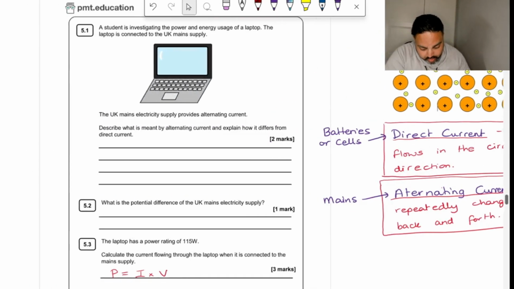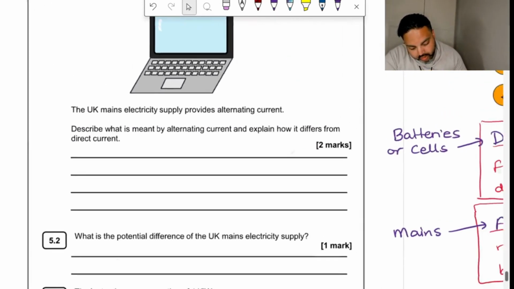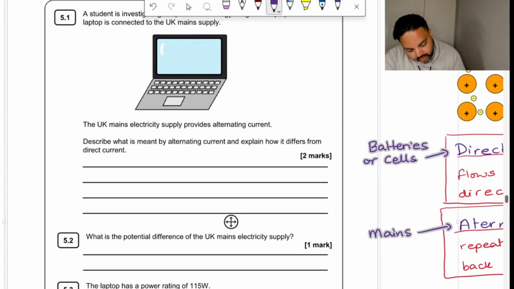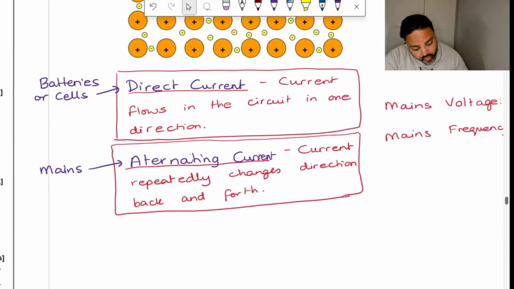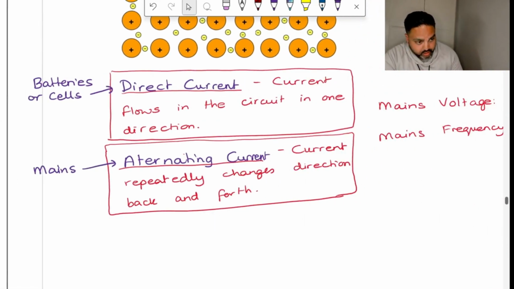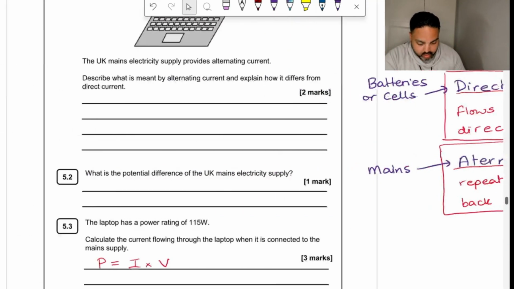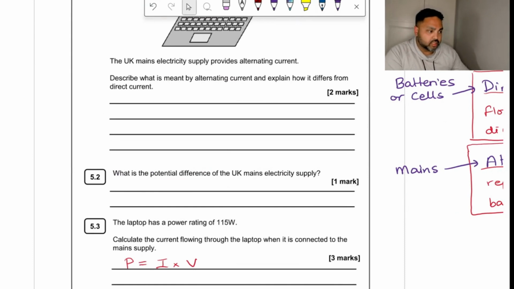Let's actually have a look at the question now and let's see what it's asking. Describe what is meant by alternating current and explain how it differs from batteries. That is literally this answer here, these notes here. You just need to say what they are. So I'm going to now put it into slightly more exam specific words.